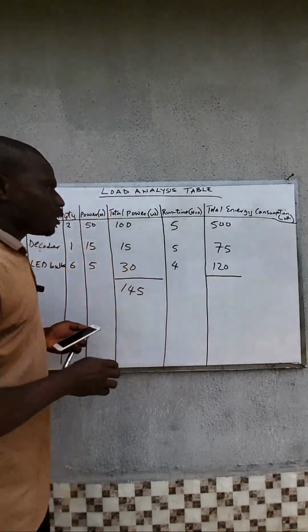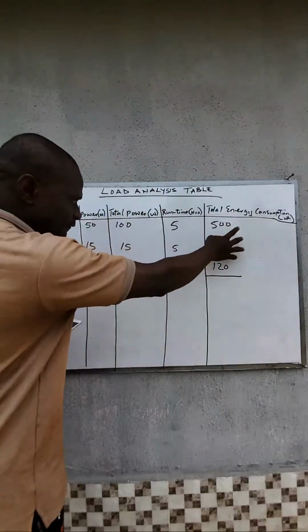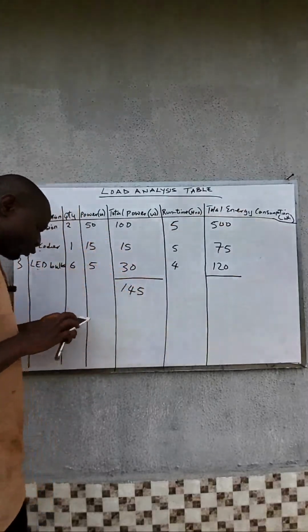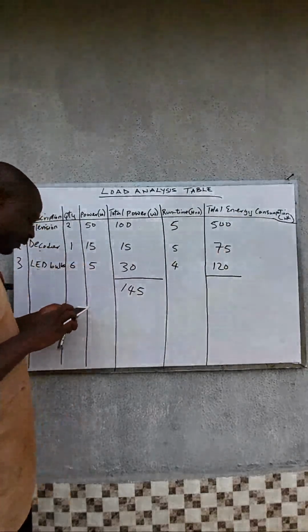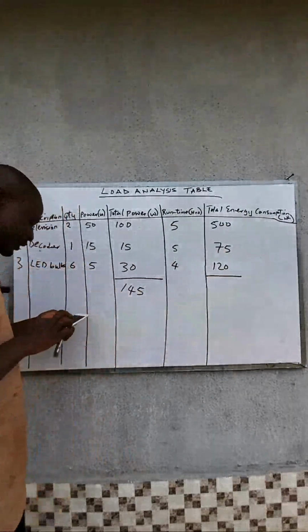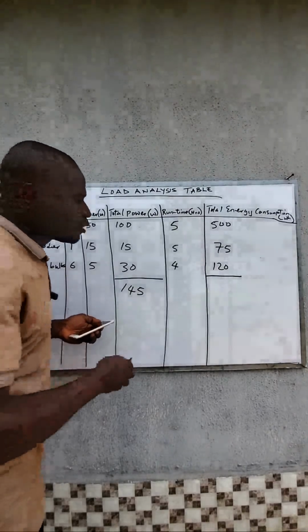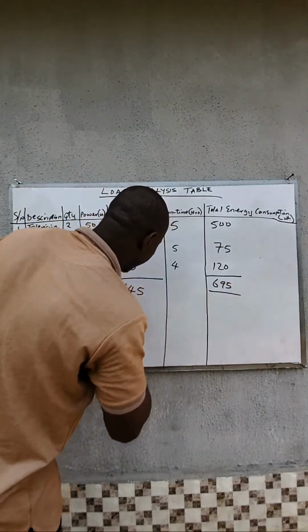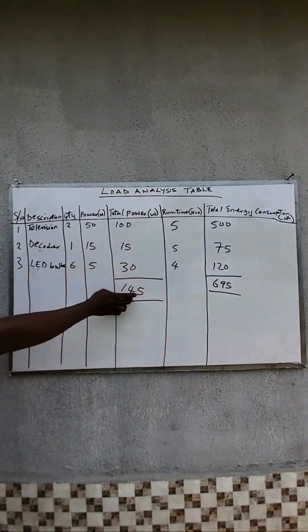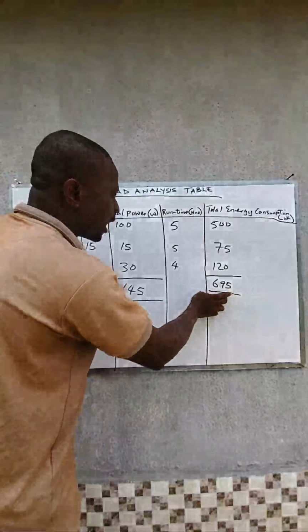Then for the watt hour, we are going to sum everything in this column. So we'll have 500 plus this 75 plus this 120. This will give us 695 watt hours. This is in watts and this is in watt hours.